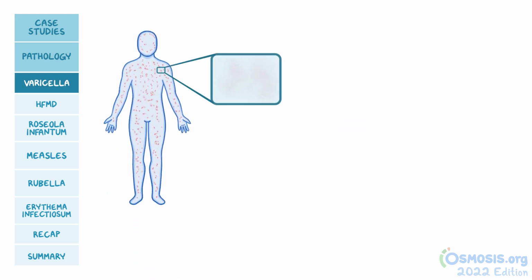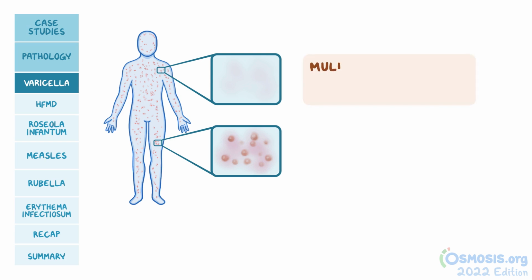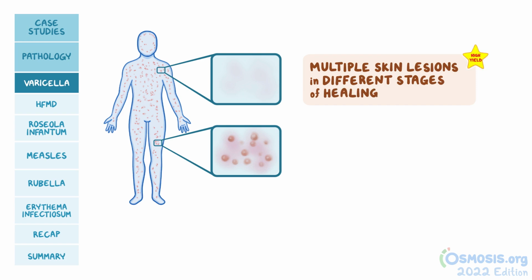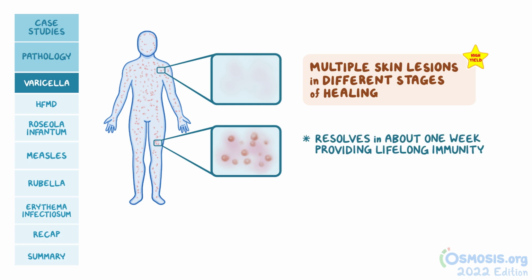Now, as some vesicles heal, new vesicles can pop up. So for your exams, remember that individuals with varicella typically present multiple skin lesions that are in different stages of healing. Finally, varicella tends to resolve in about 1 week, providing lifelong immunity.